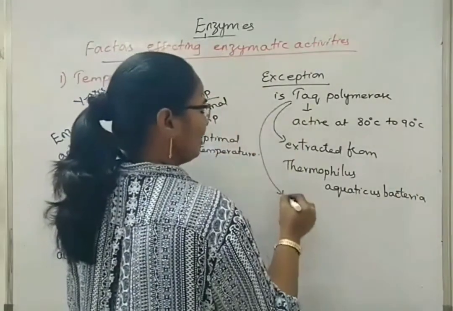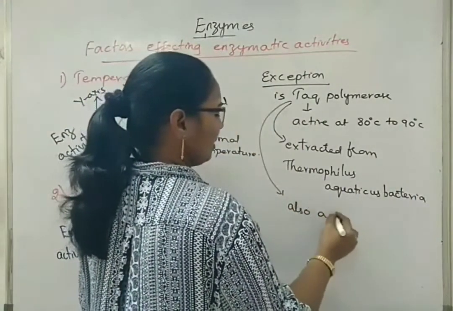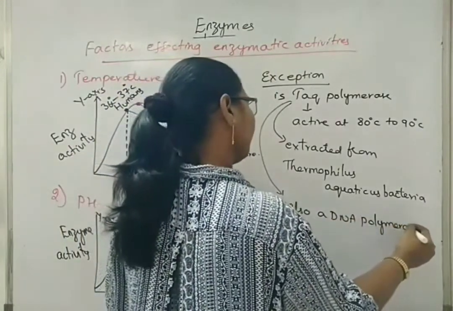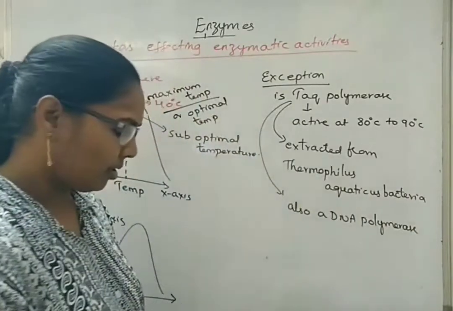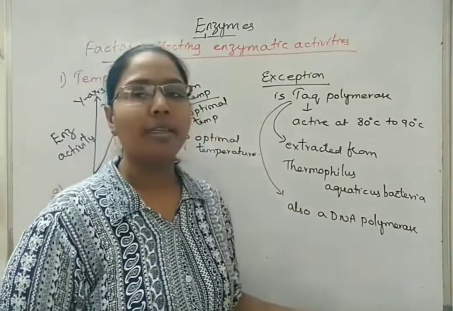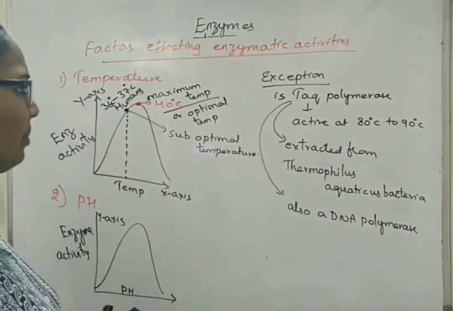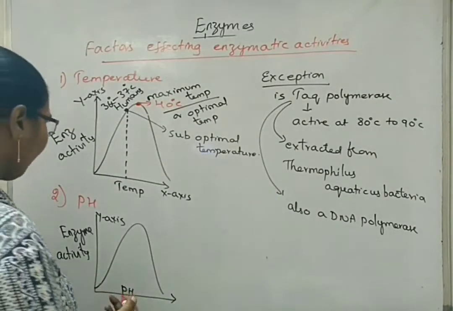This is also a DNA polymerase. I already told you about Taq polymerase when we read about PCR technology. In the third step, the extension step, we use Taq polymerase enzyme.